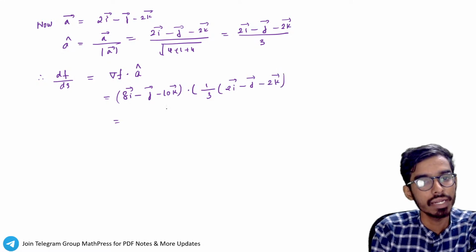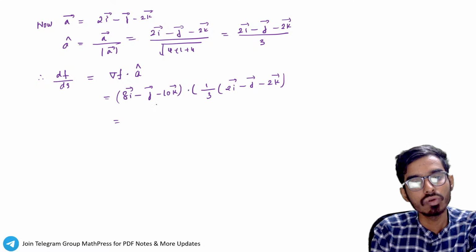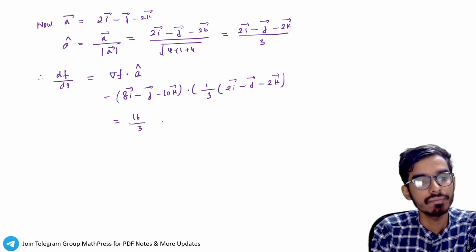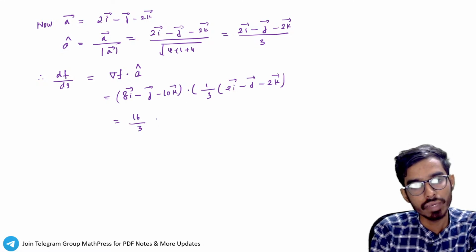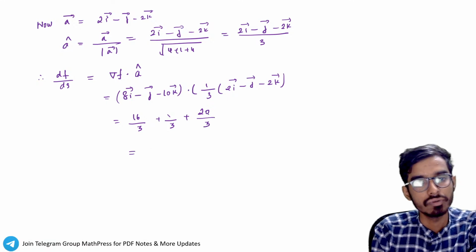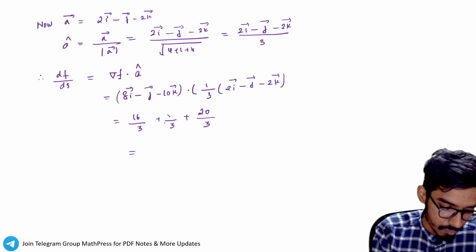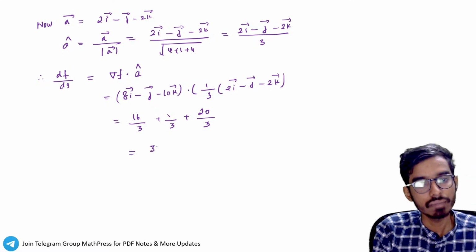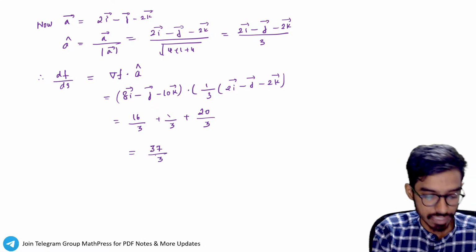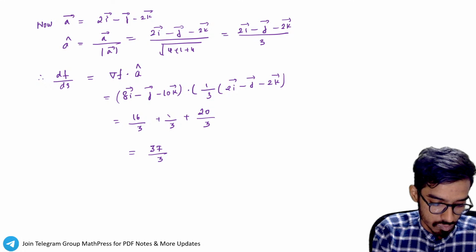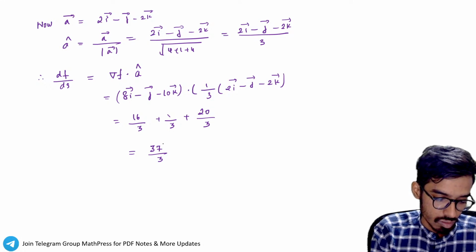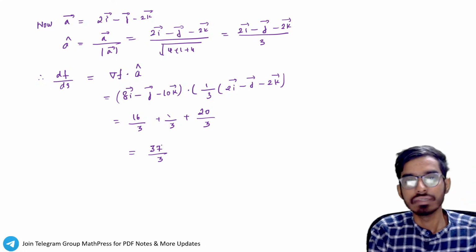So we make a dot product. We will have 8 into 2 by 3, so it will be 16 by 3, minus 1 into minus 1 by 3 plus 1 by 3, minus 10 into minus 2, so it will be plus 20 by 3, right? So this will be 37 by 3. So 37 by 3 is the directional derivative at this point, right? Okay.